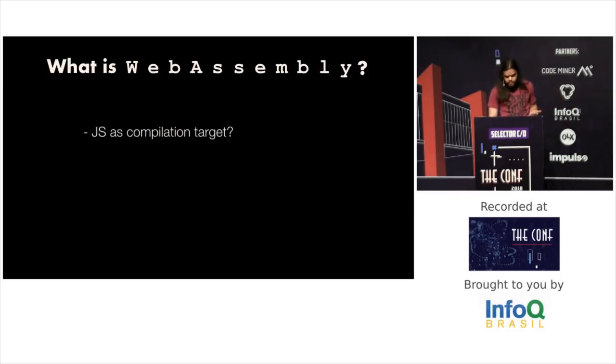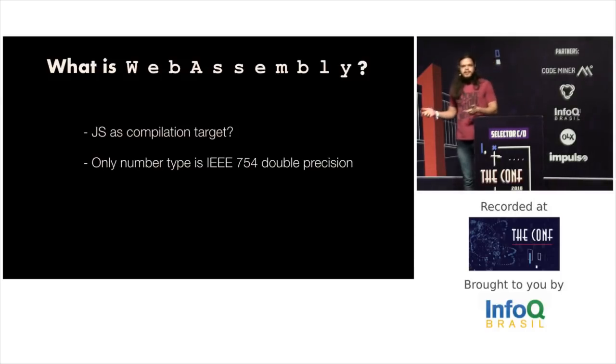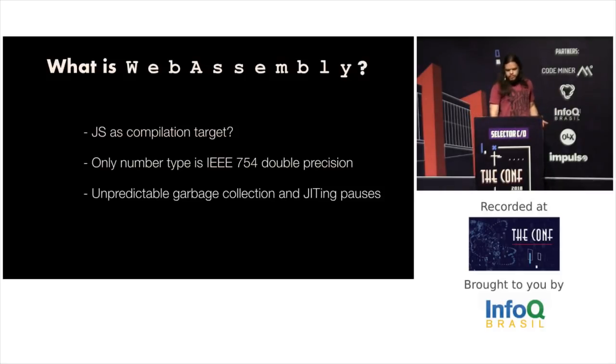But there's also the bad side, which is the only number type in JavaScript is IEEE 754 double precision, which C programmers know as double. So whenever you use a number in JavaScript, it doesn't matter if you just need an integer, what you get is a double. And doubles are slow to work with, doubles have floating point imprecision, so that can be a problem.